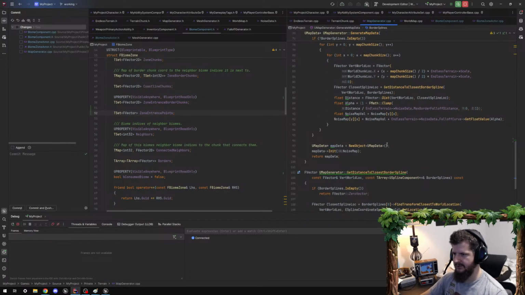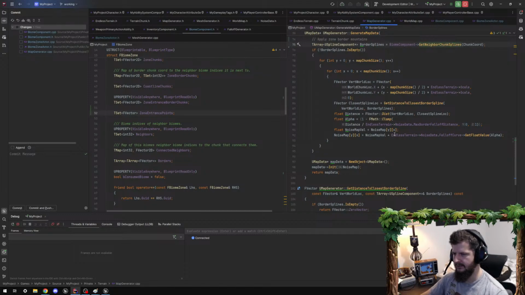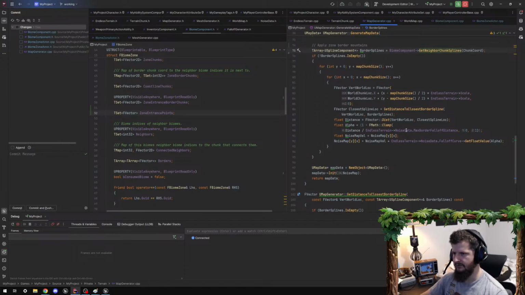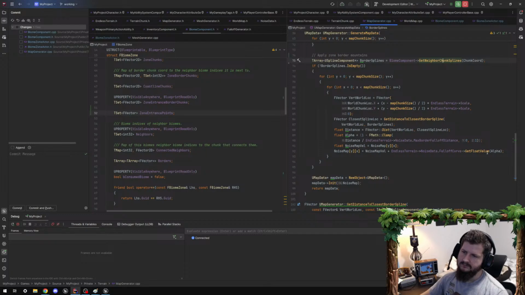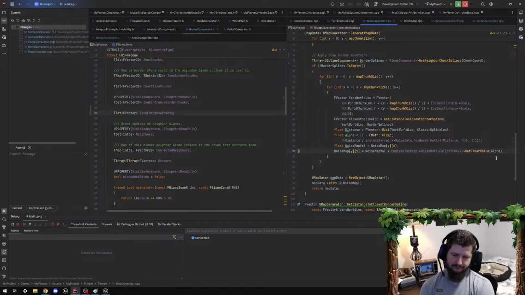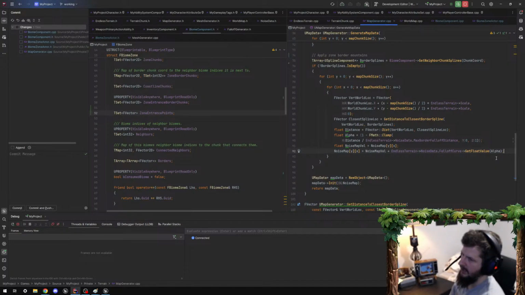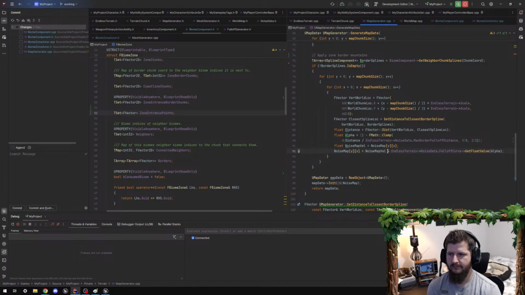And then in the map generator where I'm applying the mountains, where I'm adding the noise, I would say, if this chunk has a zone entrance point in it, then I would want to also subtract this much from, and I would need to do this again away from that point.